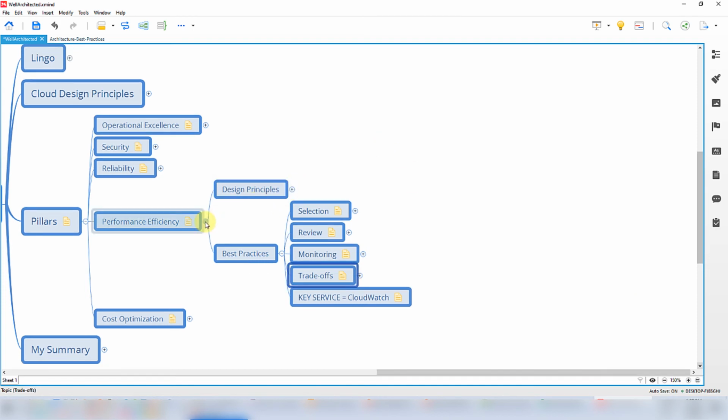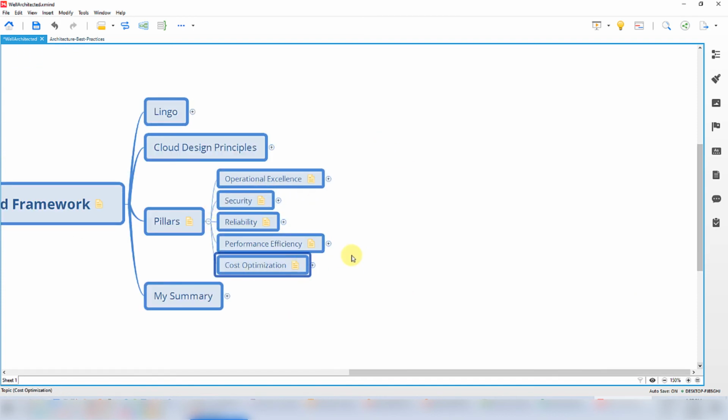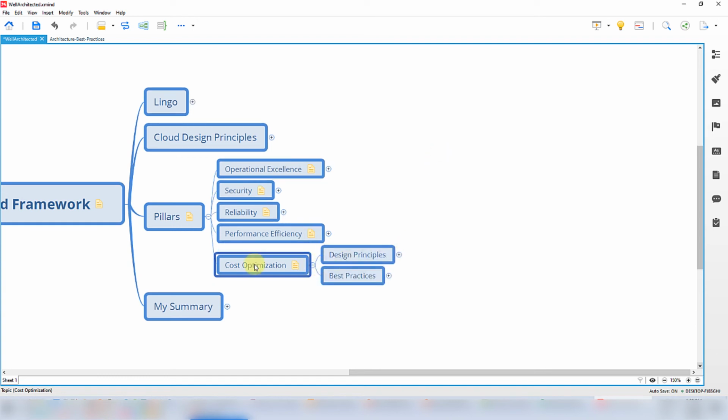This brings us to the last pillar among the 5 pillars, cost optimization. Let's take a look at that. Cost optimization pillar is about delivering business value at the lowest possible price. Traditionally, design decisions have been made with gut calls and a just-in-case logic instead of upfront benchmarking to evaluate the design.